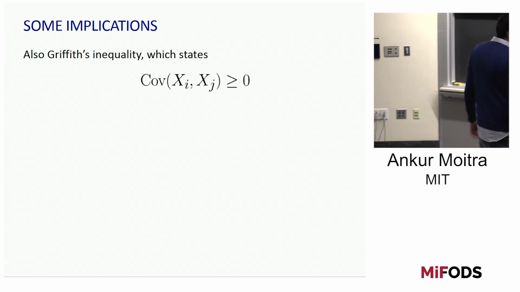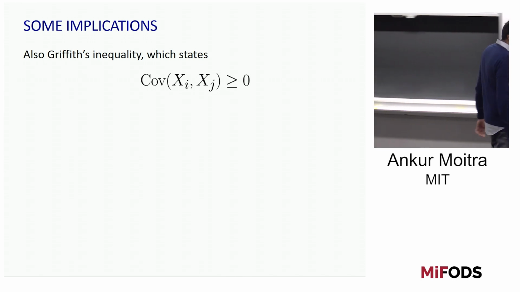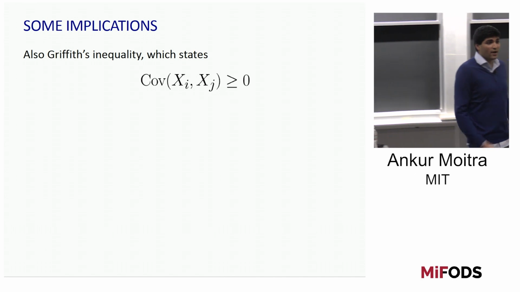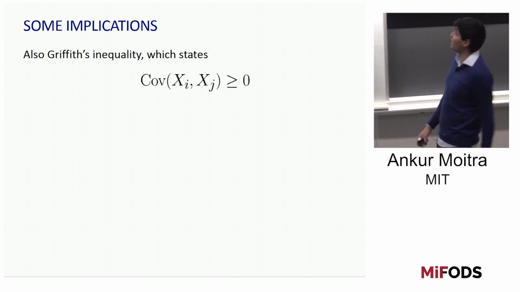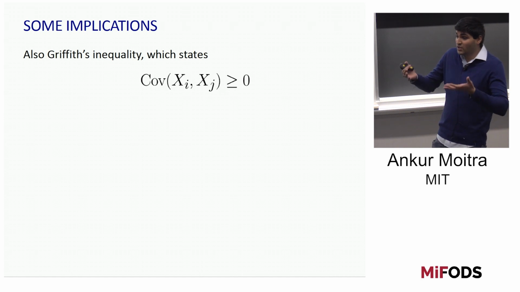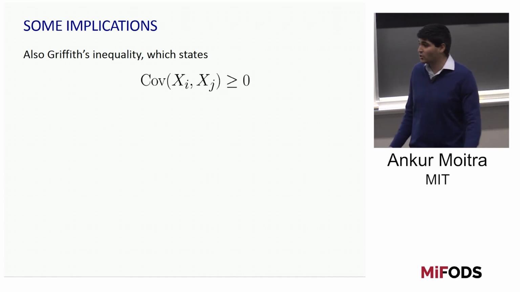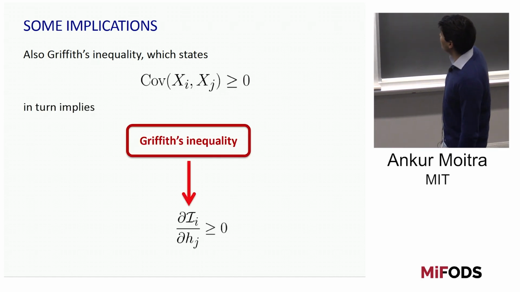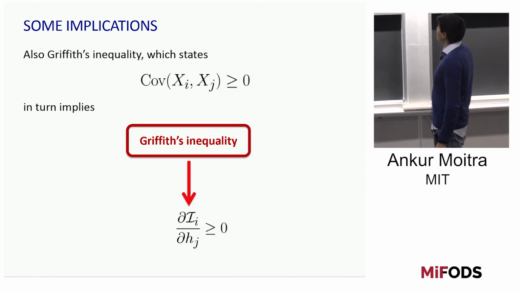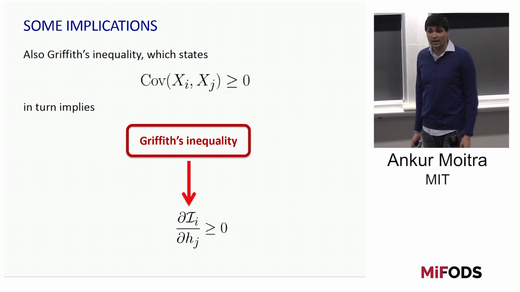There's something called Griffith's inequality, which is also an intuitive statement that holds for ferromagnetic Ising models, that the covariance between xi and xj is non-negative, that they can only boost each other. This is a positive association for these 2 variables. And it turns out that Griffith's inequality also implies something about the partial derivatives of the smooth influence function: that they're all non-negative.